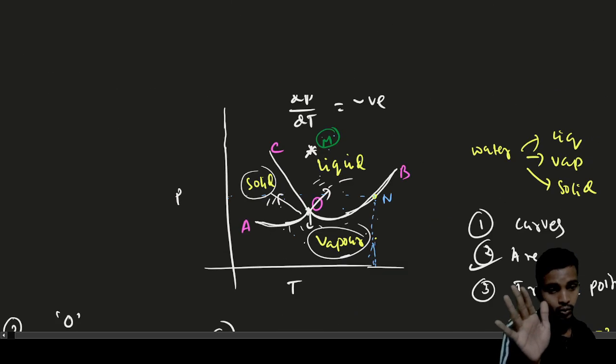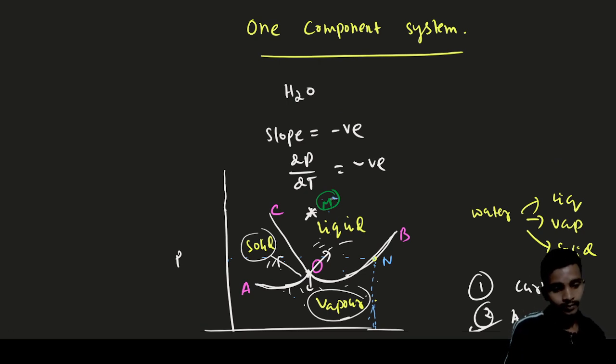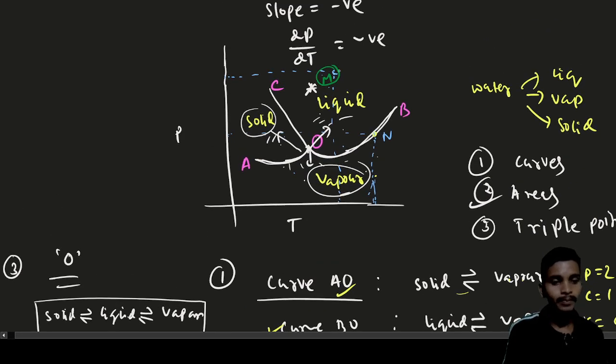So two variables are needed to explain any point present in the area. One variable corresponds to pressure, another corresponds to temperature, so that this point M is located.